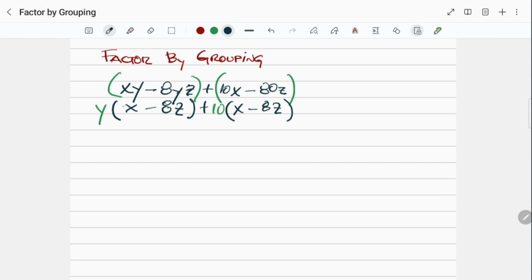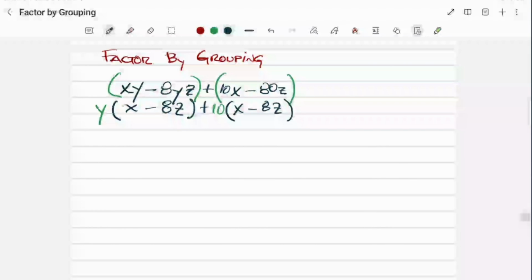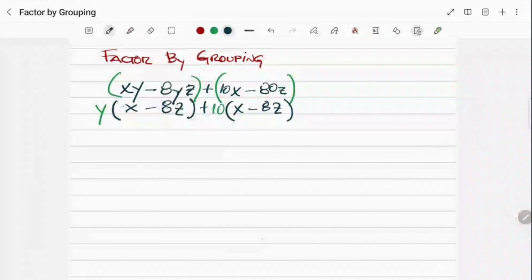If you see, now we have another common factor. Step number 3, factor out the common binomial factor. My common binomial factor is exactly the parenthesis x minus ac. It is a common factor of what?